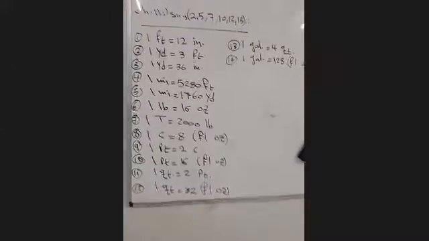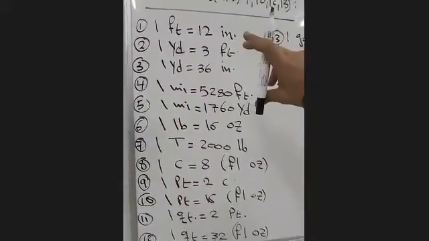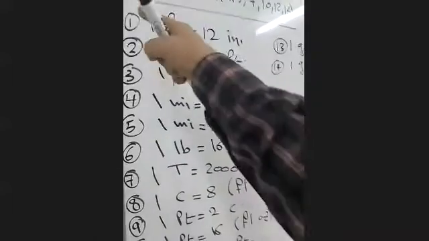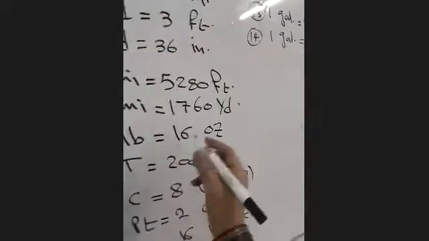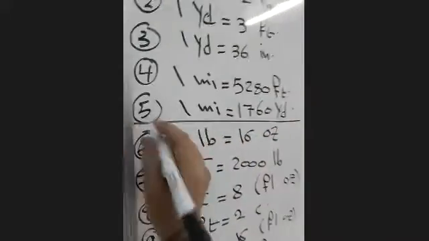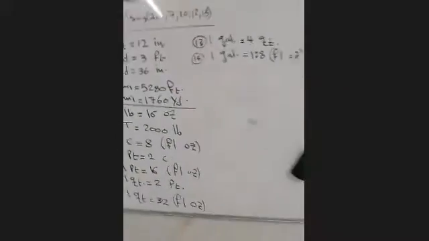Right here, for example, these are for lesson 2. Number 1, 2, 3, 4, 5 are for lesson 2. I will use the other color.